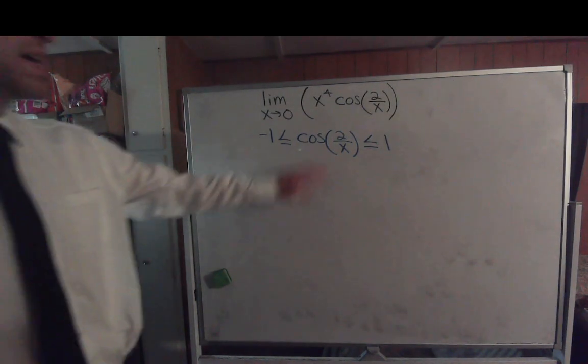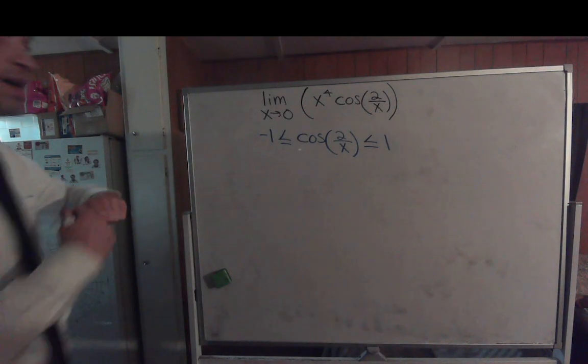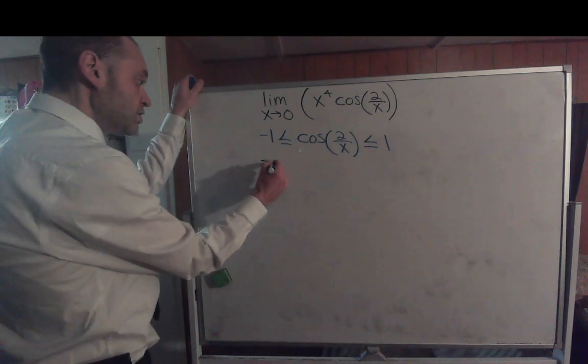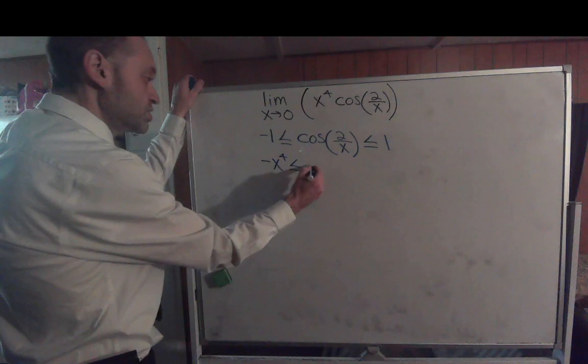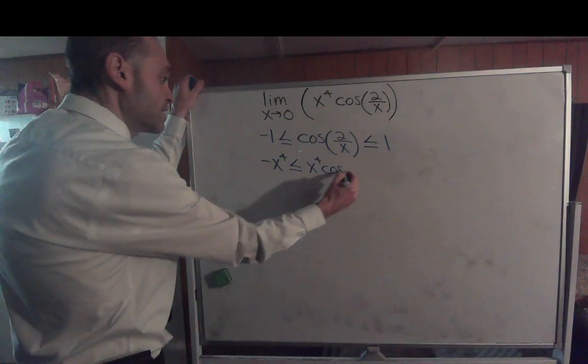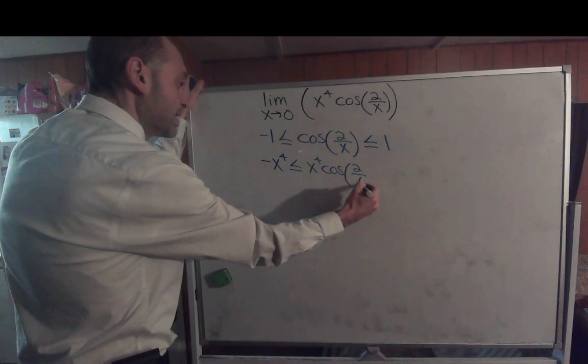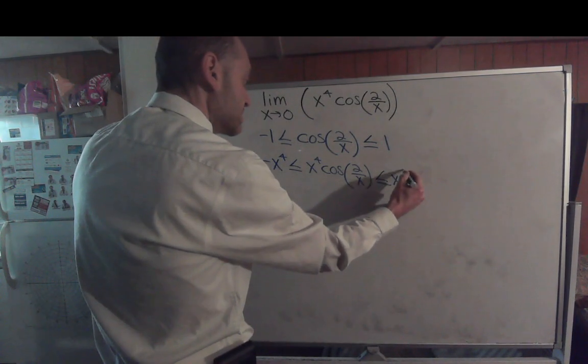Now you have this x to the 4th piece on the function, so go ahead, multiply everything by x to the 4th. You'll end up getting negative x to the 4th is less than or equal to x to the 4th times the cosine of 2 over x, which would be less than or equal to x to the 4th.